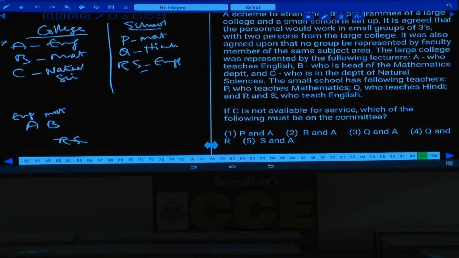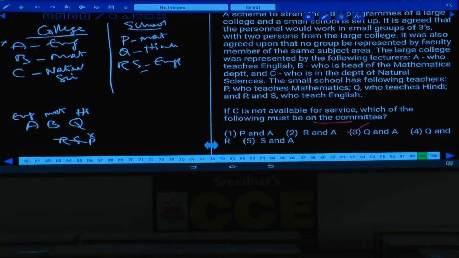B is mathematics and P is mathematics, so P also cannot be in that group. Then who must be in that group? Q must be in that group because Q is Hindi. Then which of the following must be in that committee? C is not there. A, B and Q is the order. Q and A must be in that one. Then what is your answer here? Choice 3 is the answer.